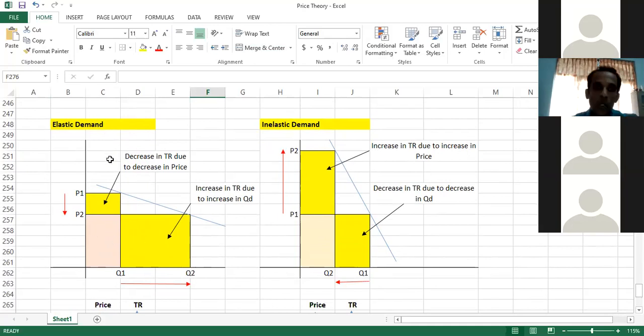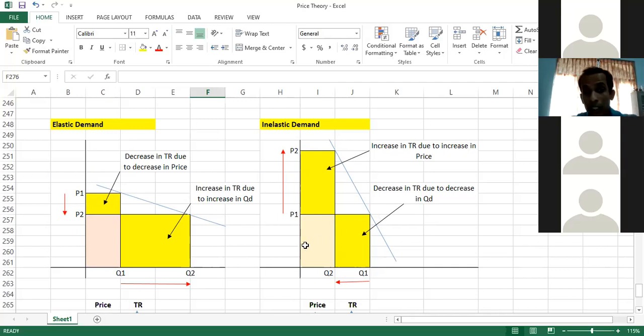When the price increases, we can manage without it. So there will be a significant decrease in the demand for that particular product. Especially during this period, is there a demand for luxury products? No. We can manage without any luxury products. But if the product is essential, what will happen?